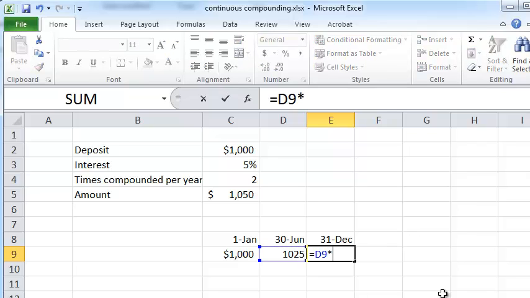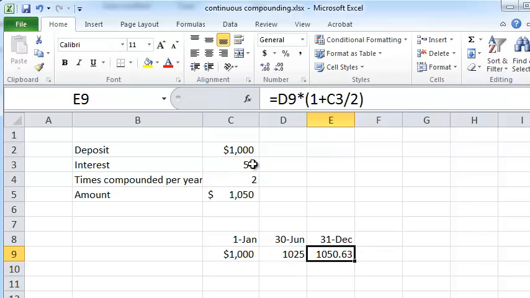You take the balance that was there on June 30th and multiply that with the interest rate that's applicable, again 5% divided by 2. So you have $1,050.63, which is slightly different from this amount here. Of course, we're talking about $1,000, so the amount is small. But if you're talking about millions or billions of dollars, then obviously this is going to add up real quick.